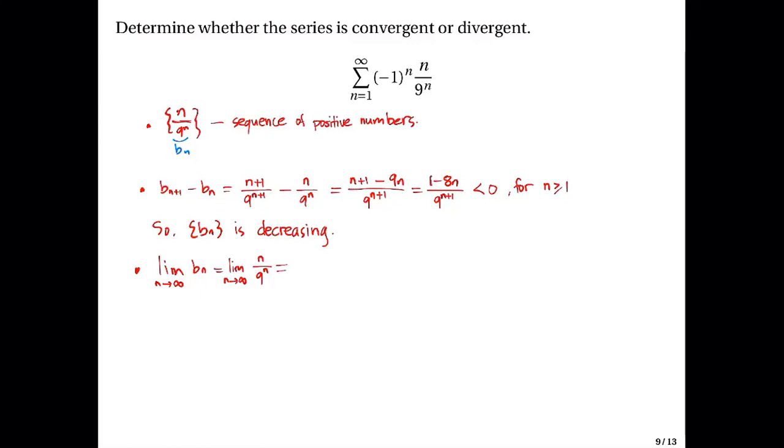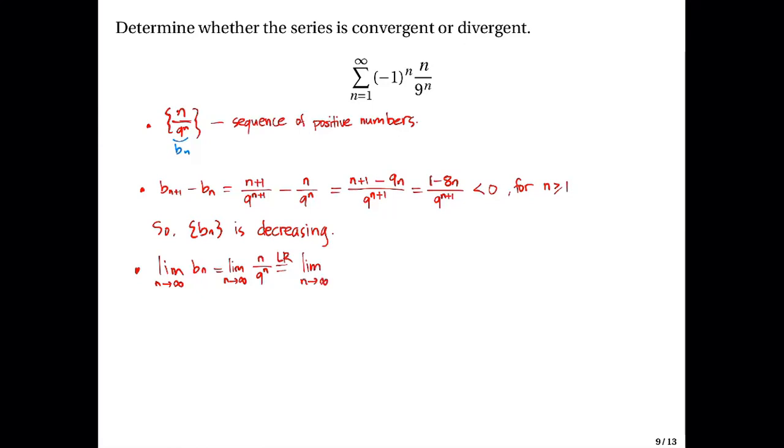Hindi ko na i-formalize. Dito ko na kagad i-apply yung L'Hopital's rule. Pero for formality, kailangan mong palitan na x itong n, no? Kasi continuous function yung gusto mo dapat para ma-apply mo yung L'Hopital's rule. So, apply kaagad natin si L'Hopital's rule.